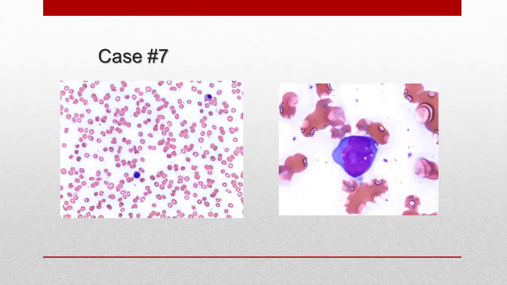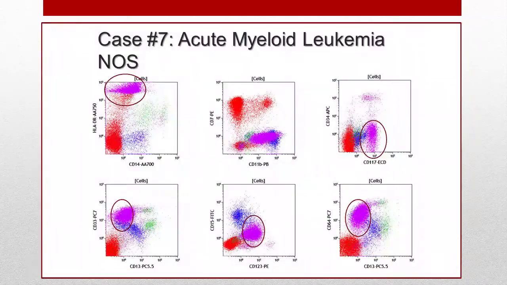You can see here, obviously, this is a very pancytopenic patient. There's very few cells in here, but when you can find some cells, even in the bone marrow, you can see here that they have very fine chromatin in them, these prominent nucleoli, and very, very little to do with any sort of granules within the sample.